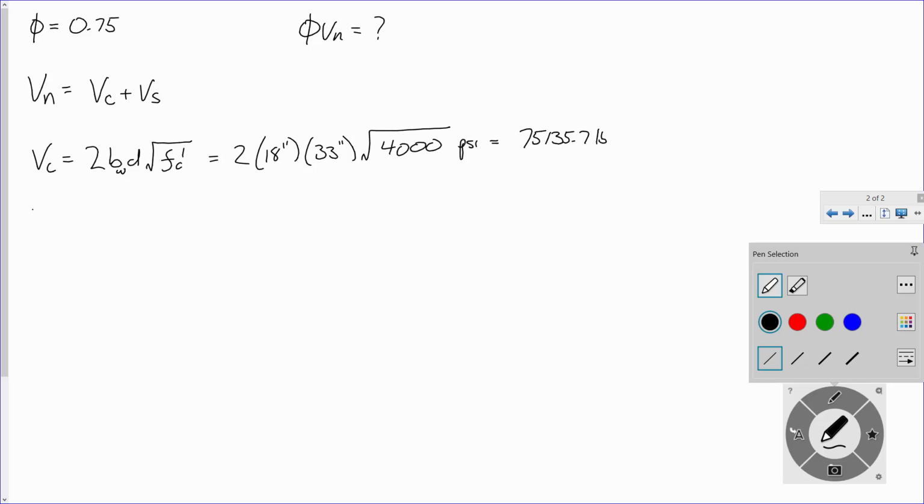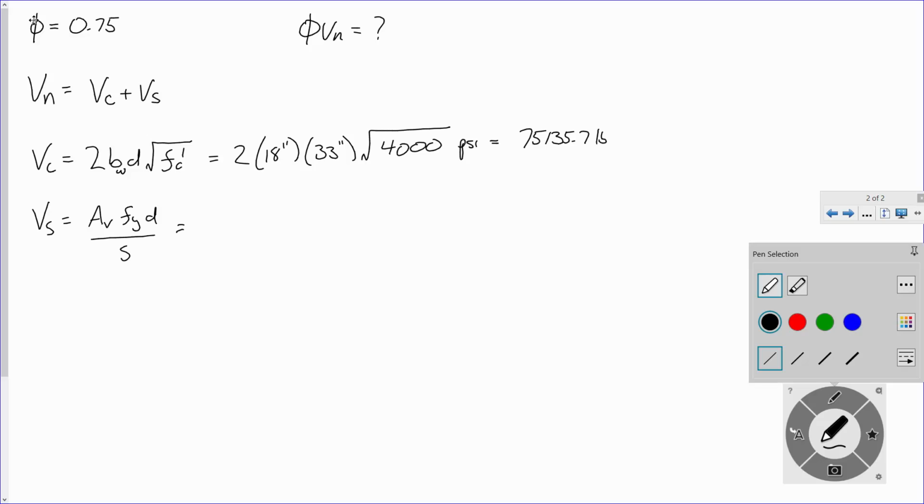Now, how do we calculate Vs? Av fy d over s. Let's check this out. We've got number 3 stirrups, so what's the area of a number 3? 0.11.